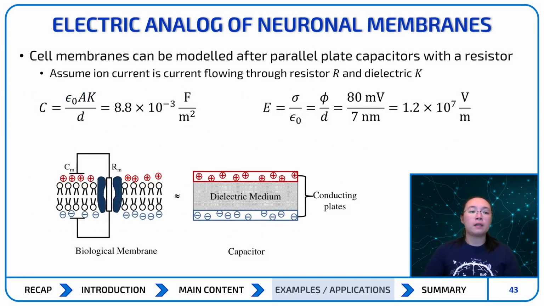Now, I won't discuss too much of this, but there is an electric analog for neuronal membranes. If you want more details, we can always discuss this in the live lectures or through the notes. Cell membranes can be modeled after parallel plate capacitors from electricity and magnetism.